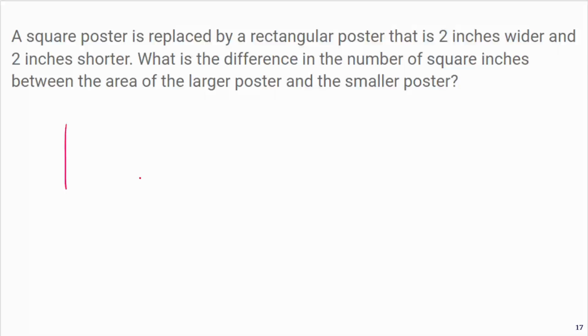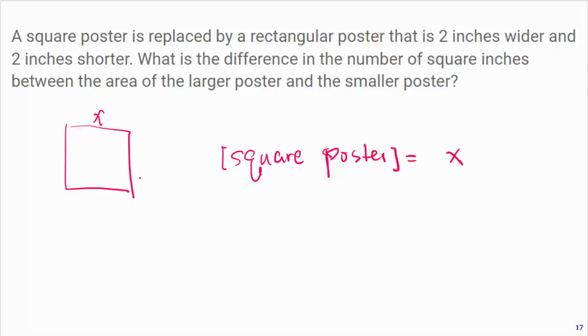Alright, so originally we have a square poster and we could let the side of the square poster be x. Therefore, the area of the square poster is just x squared, right?